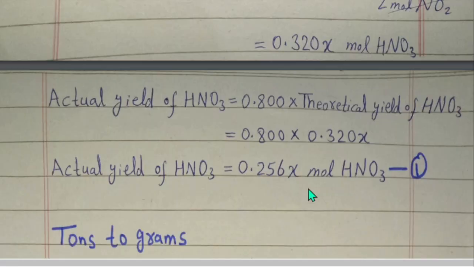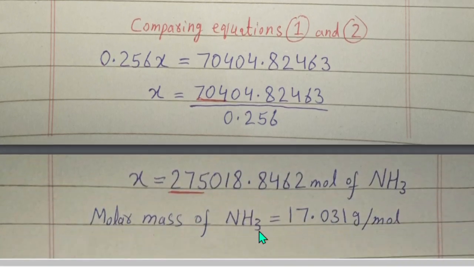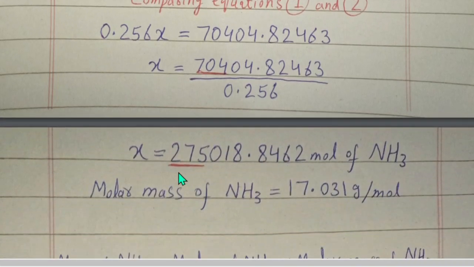Comparing equation 1 and 2, we can write 0.256x equals 70,404.82463. 0.256 is multiplying on this side, so it will divide on the other side. The value of x is this, and it has three significant figures as both the numerator and denominator have three significant figures.